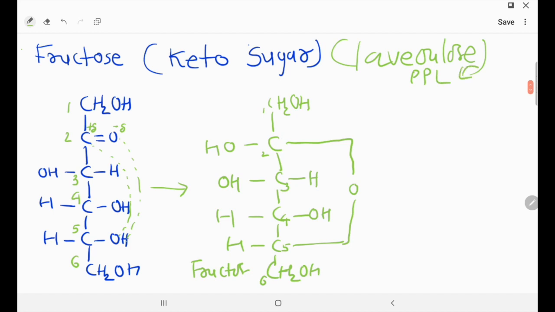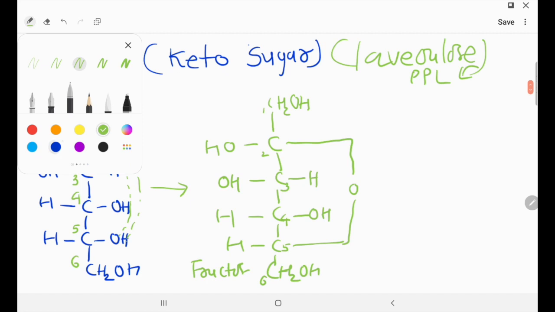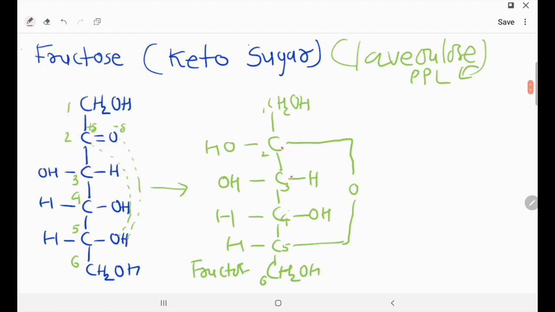So here the members are 1, 2, 3, 4, 5. It's a 5-member ring. So how will we draw this 5-member ring? Carbon number 2 is attached with carbon number 3, carbon 3 is attached with carbon 4, carbon 4 is attached with carbon 5, and all are attached with one oxygen atom.